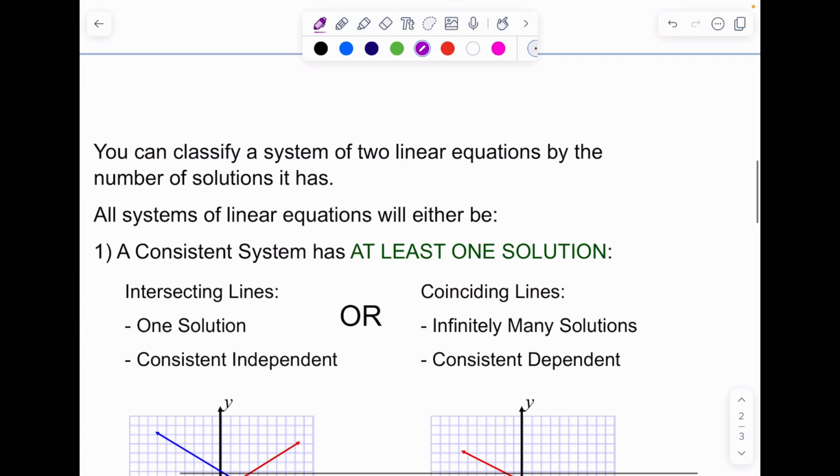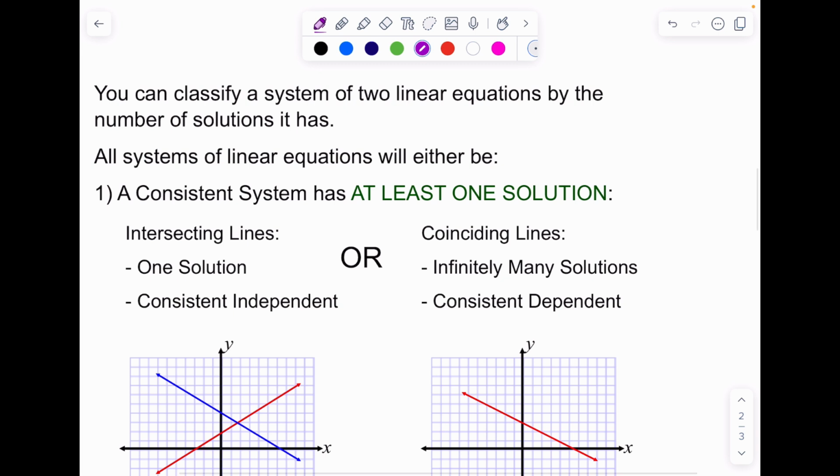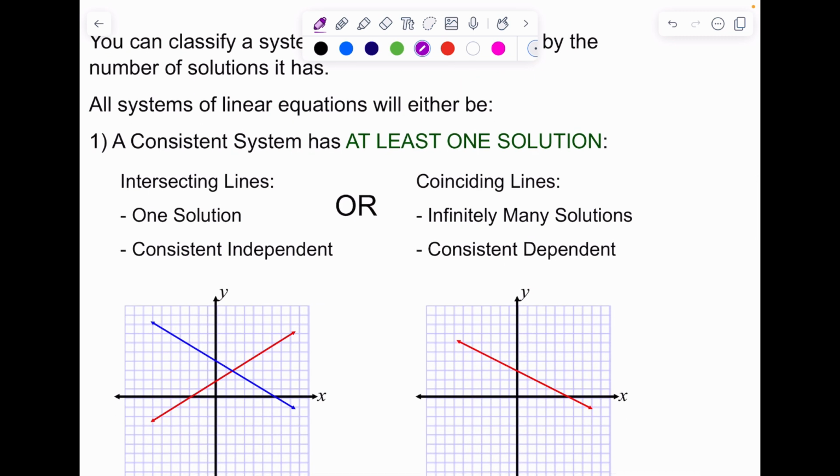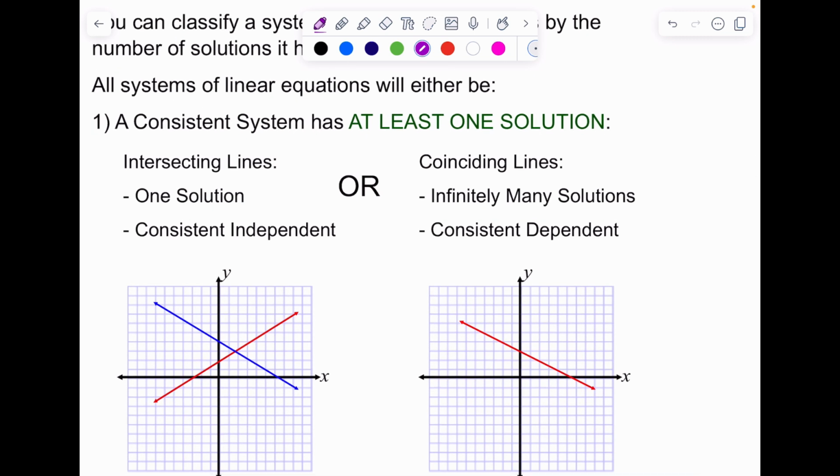Now, sometimes we can be savvy and figure out how many solutions a system of linear equations has without even graphing them. And we can find that out by slopes. For example, a consistent system is one where you have at least one solution.